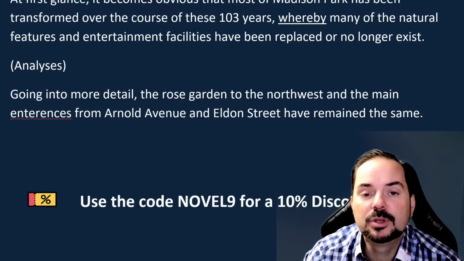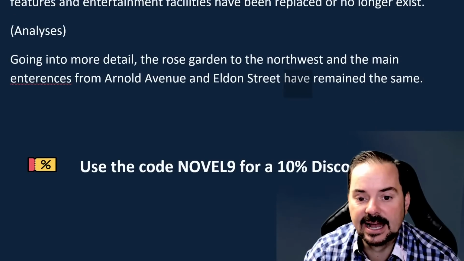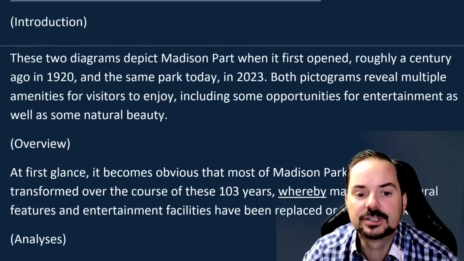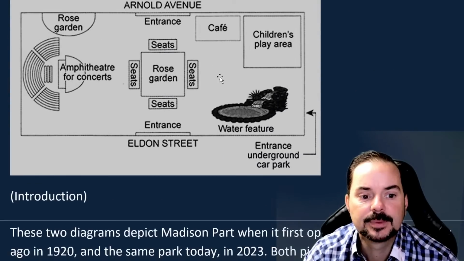And of course here I'm using present perfect, right? Have remained the same, showing that there's no change over time. Okay?